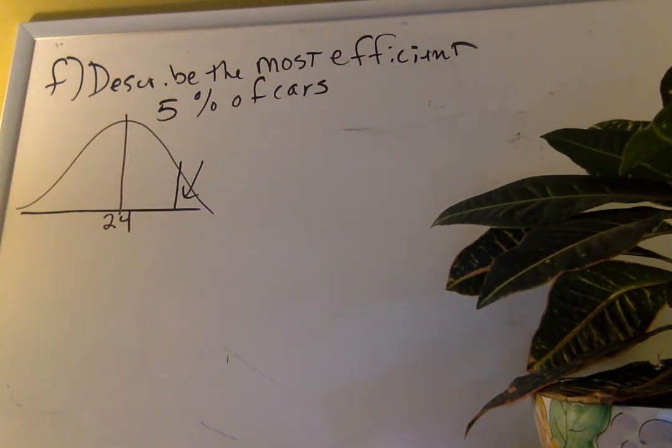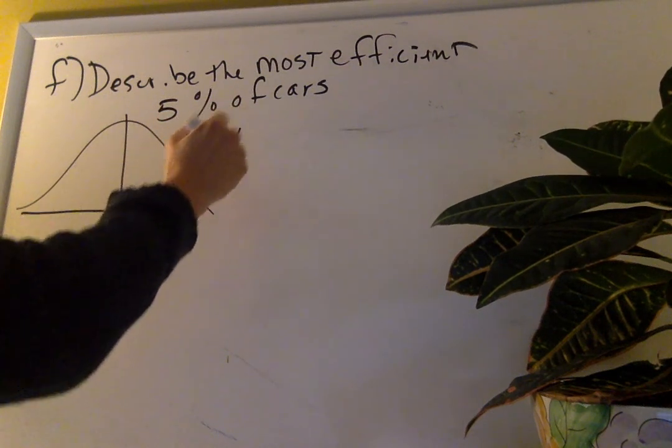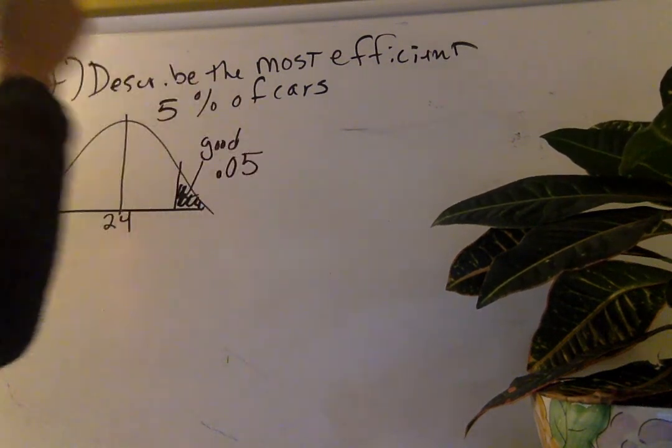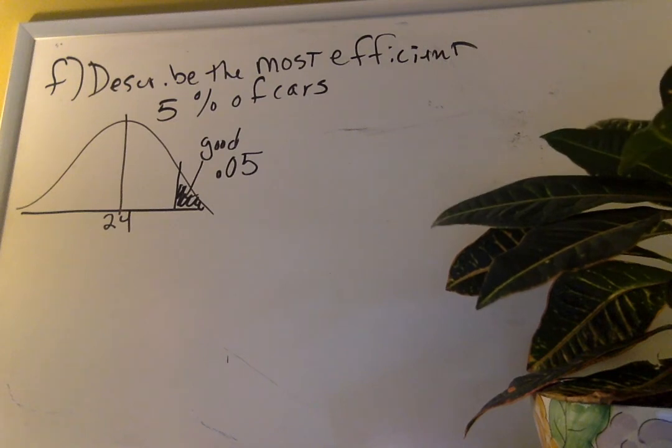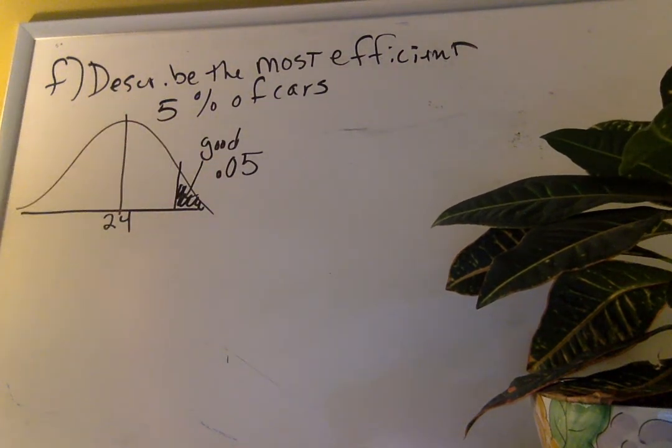A mistake that people make, too many people, on every single test in the final exam is turning that into the wrong decimal. These are my good cars. 0.05 is the appropriate percent to decimal, okay?